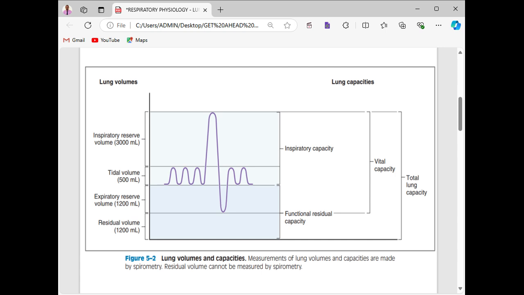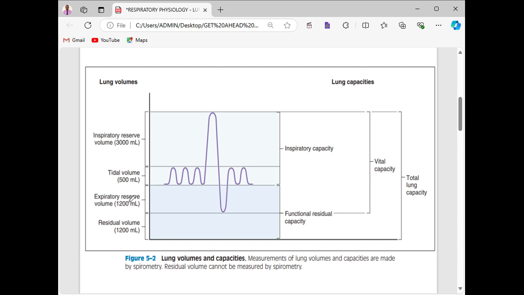Usually the tidal volume of a normal person is supposed to be 500 milliliters.